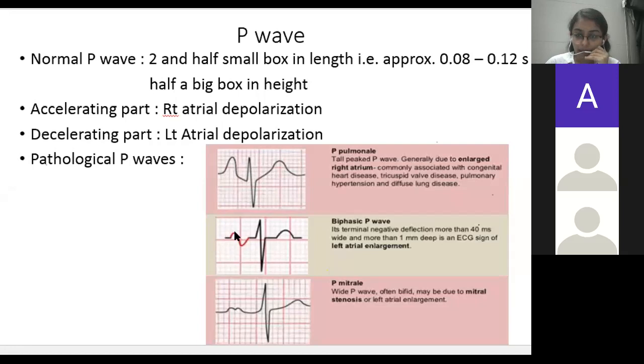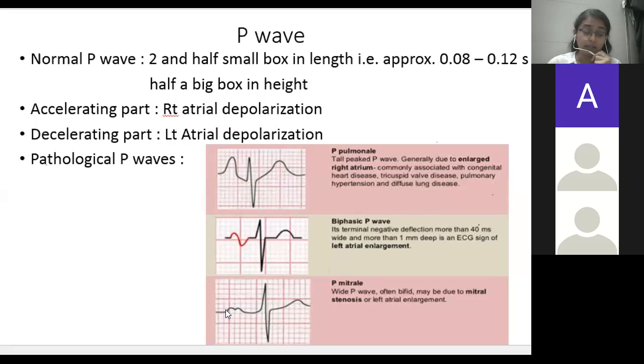Sometimes there may be left atrial enlargement, which will show a biphasic P wave, and due to mitral stenosis, you will see a bifid P wave. Here you can see the P wave is bifid because there is delay in the contraction of these muscles, or say overloading of the left atrium, because the mitral valve is stenosed.